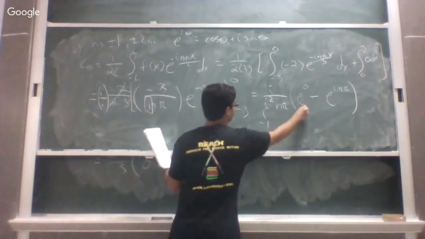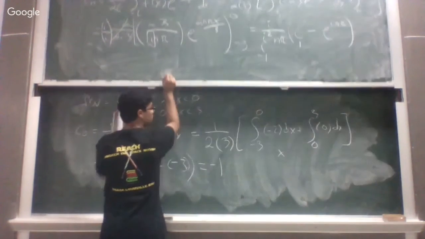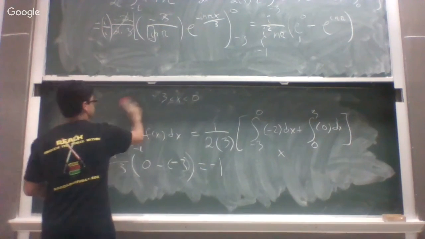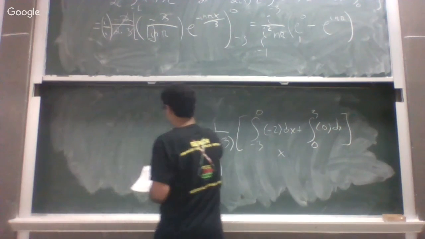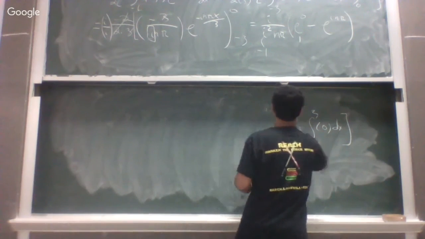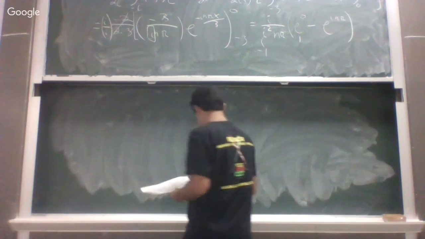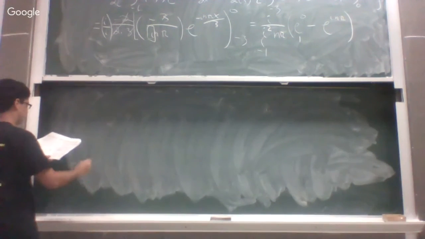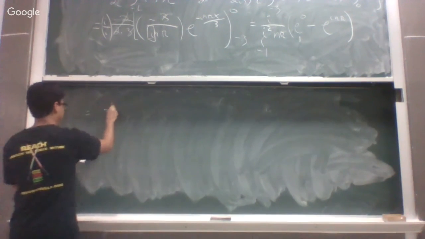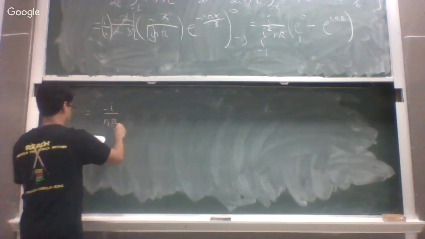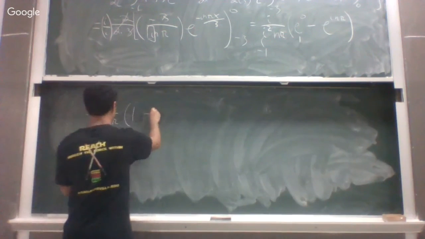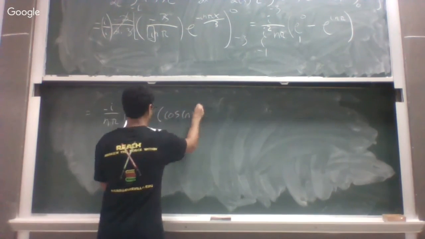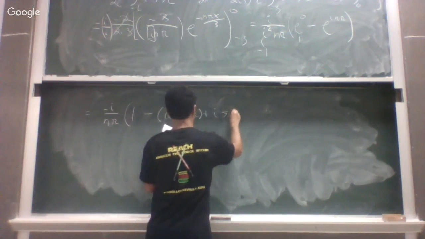And e to the 0 is a 1. So now we make the substitution. We have negative I over n pi, and then we have 1 minus the quantity of cosine of n pi plus I sine of n pi.